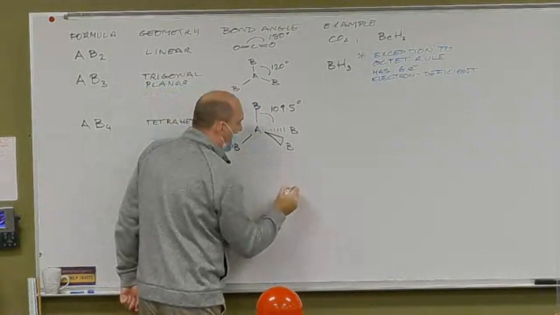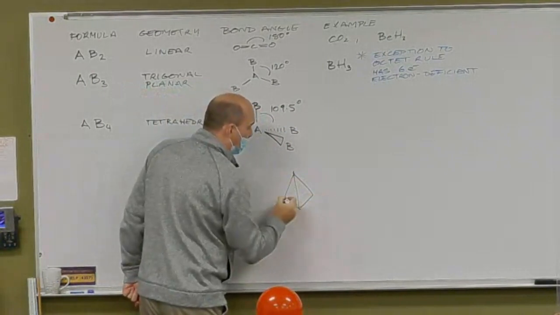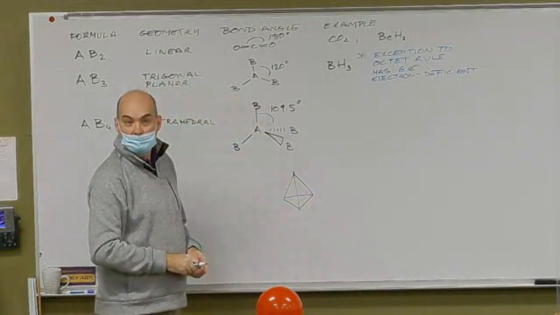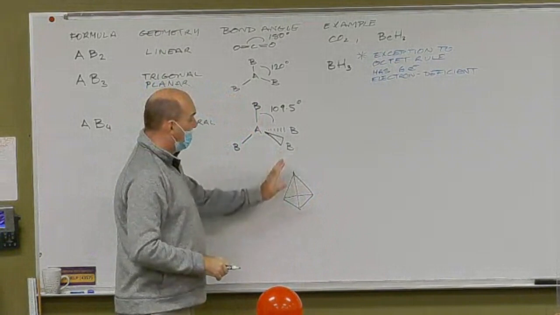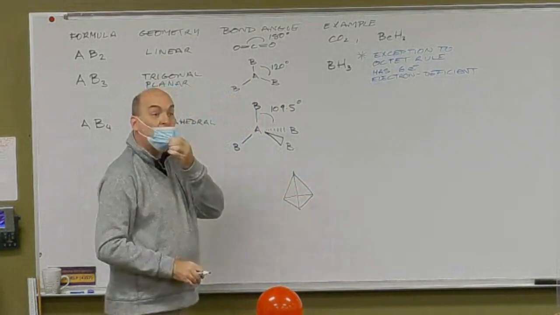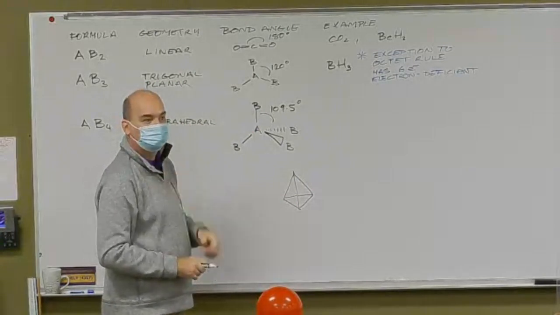If this is a triangular-based pyramid, it has 4 faces. One at the back, one at the side, one at that side, and then one on the bottom. It's made of 4 triangles. The hedron means face.